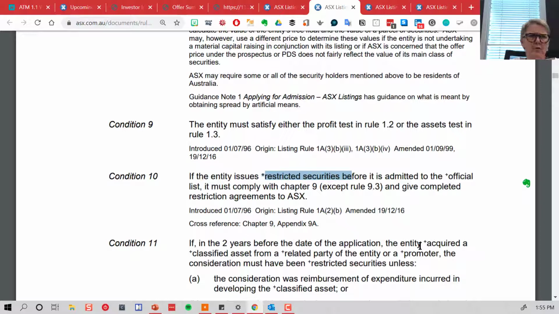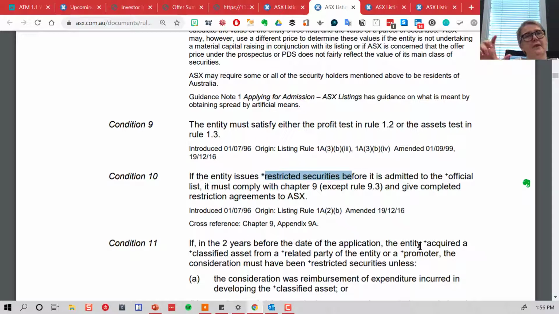And as a rough rule of thumb, say your issue price for shares at the time you float is $1, and a founder has 1,000 shares that they have paid in total $1 for. Then 999 of those shares are likely to be classified as restricted securities.